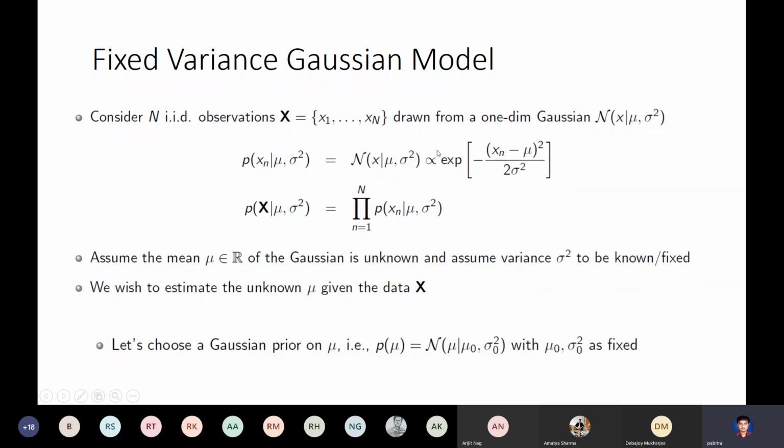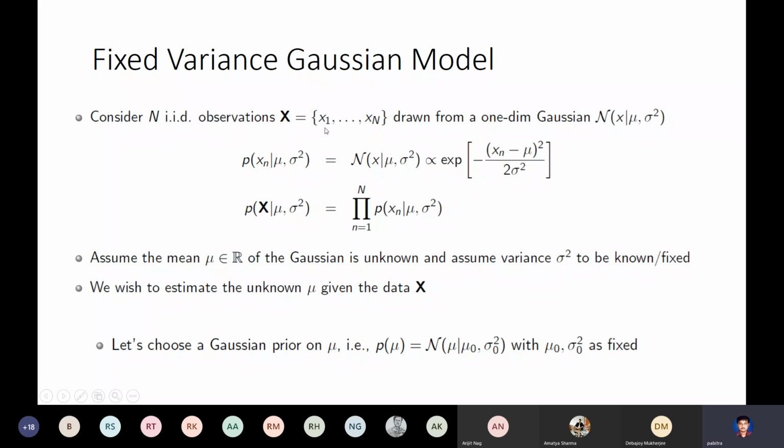I am dropping the constant term, there is a constant multiplier, so this is proportional to this form, the most common form, e to the power minus (xn minus mu) whole square divided by 2 sigma square. This is the univariate Gaussian distribution. So this means the single observation xn is drawn from this distribution. This is the probability density function.